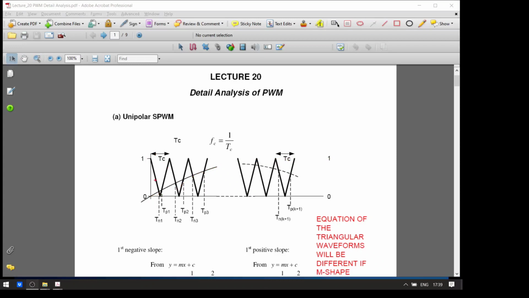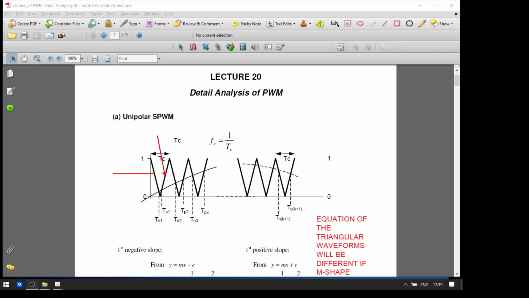And then we need to correctly define the order number of this triangular carrier line. So this will be the first line for the positive slope, and that will be the second line.